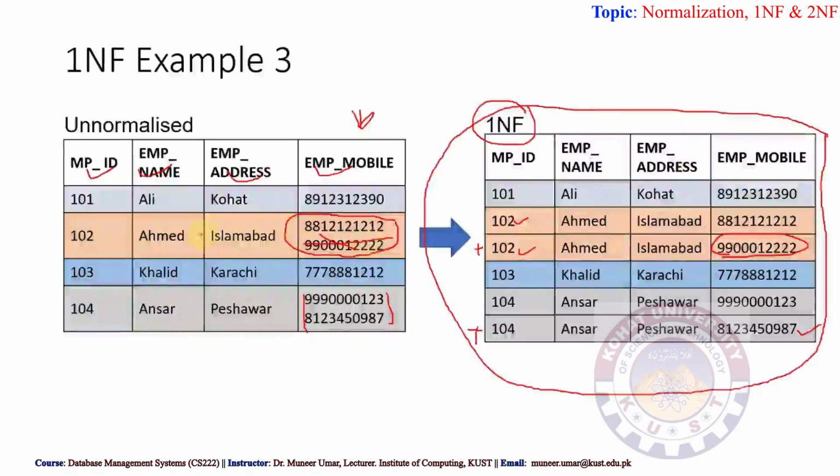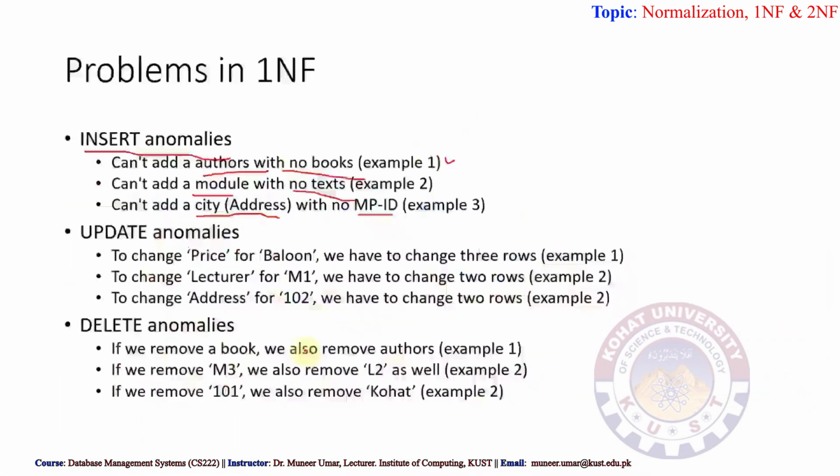So here we have the address attribute. Suppose we need, let's say, Karachi here, so it is not possible to add it in this table because we need something here, also something here. But practically we may need the list of cities instead of the list of employees.